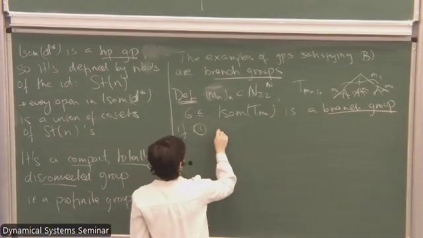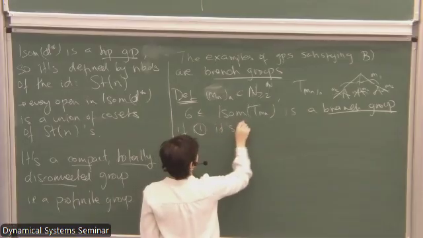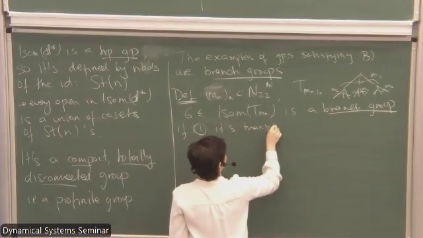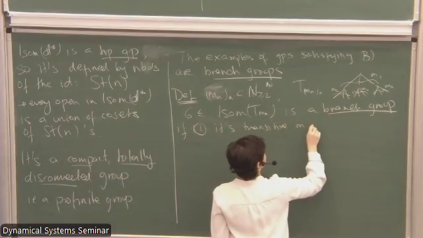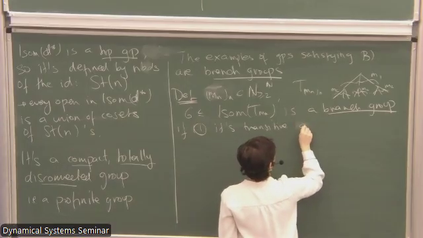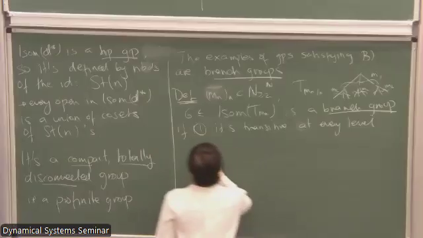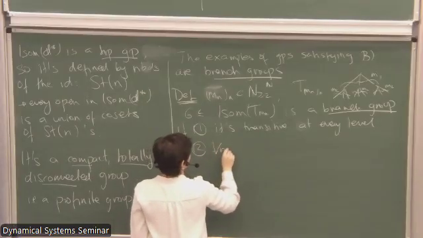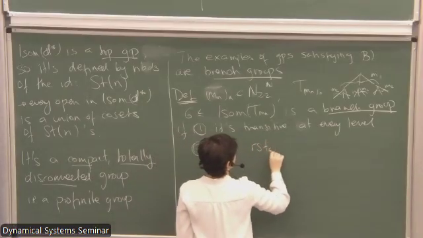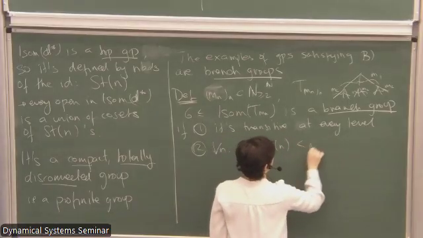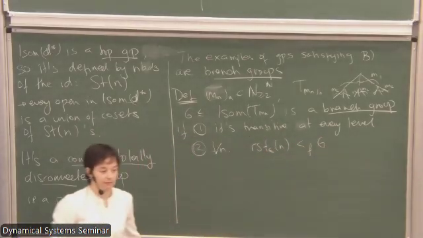The first one is that it is transitive on all levels, at every level. And the second one is that for all n, the rigid stabilizer of level n has finite index in G.